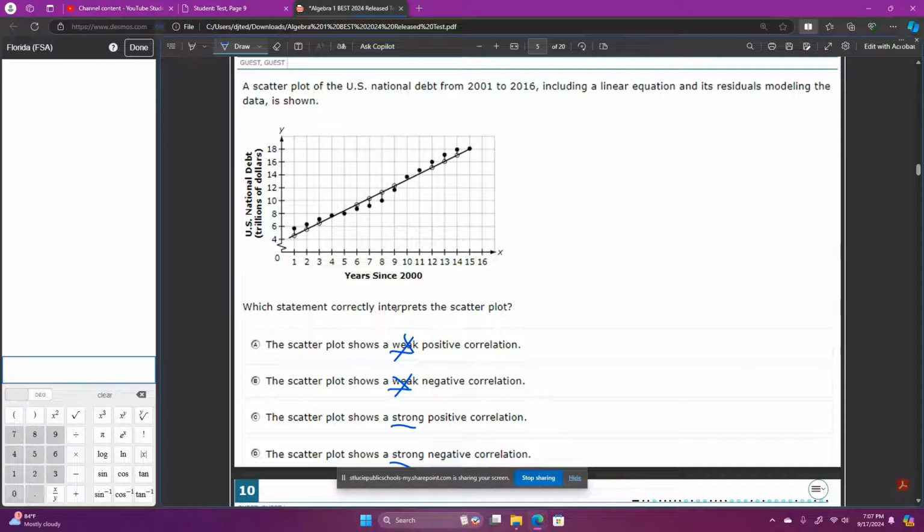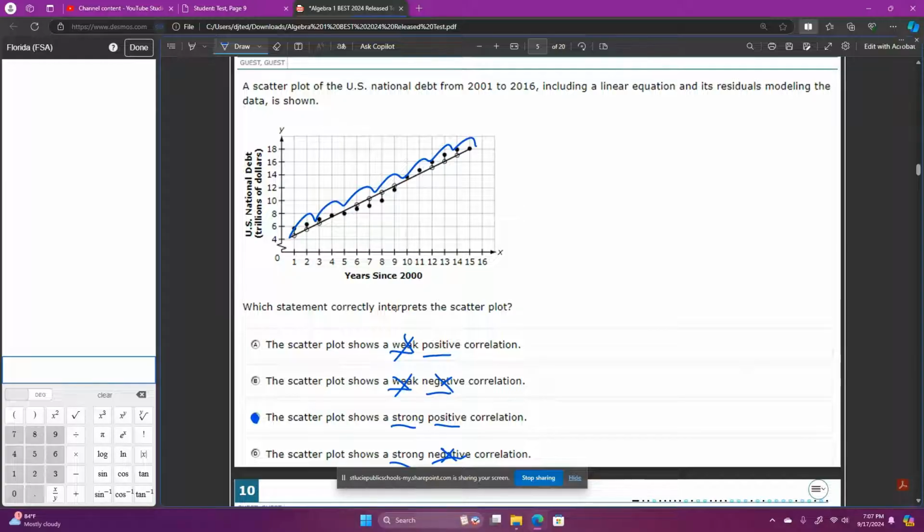And if we look at our line, do we have a positive or negative slope? We always look at it from left to right, and the bunny's hopping up the mountain. So that is a positive correlation. So answer choice C was the only one that had both pieces of that correct.